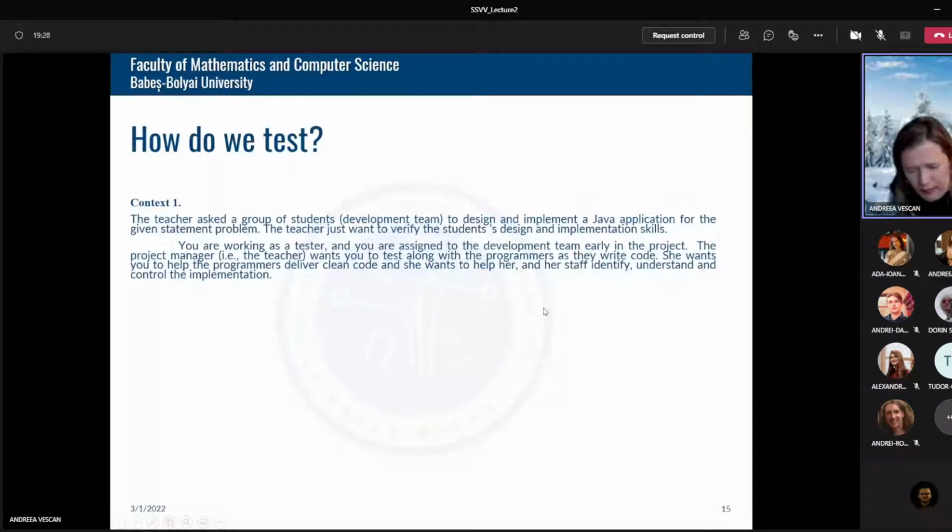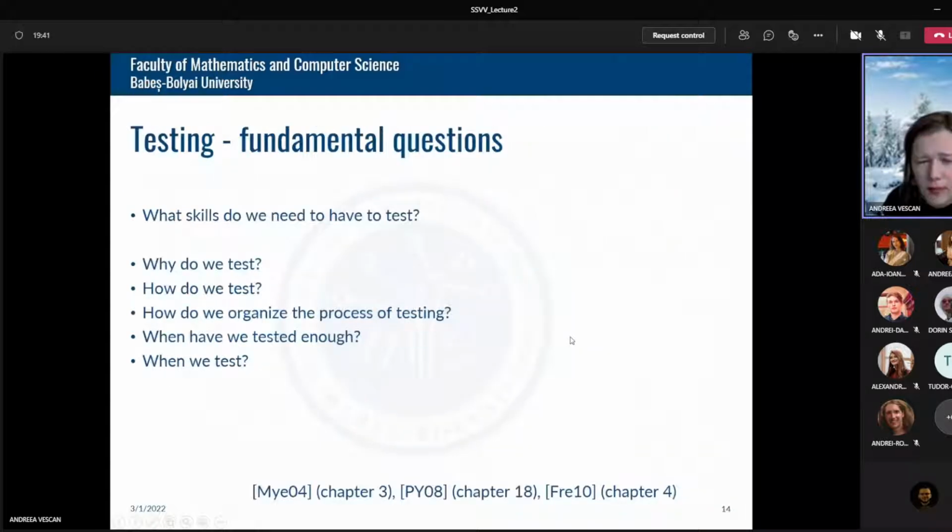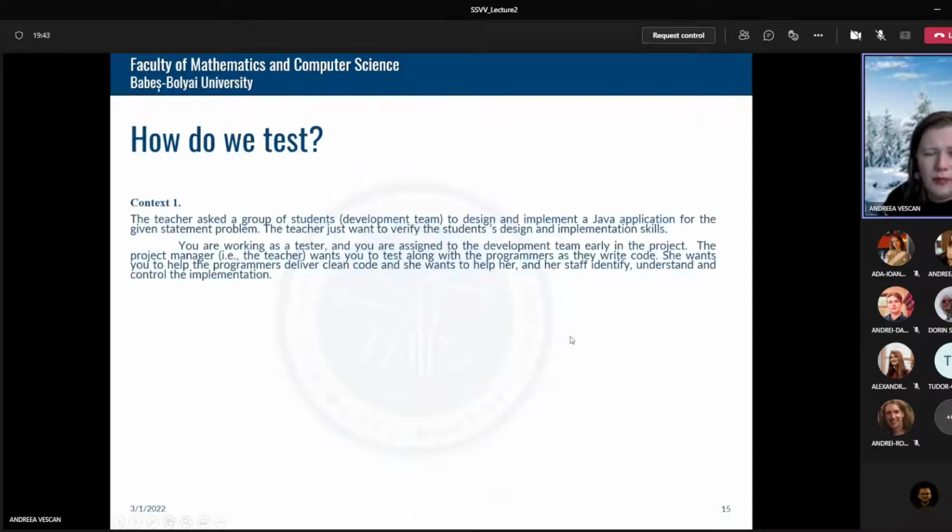This is the first one. I would like you to think about what is the aim, so what is the information objective that we talk about here, and which are the stakeholders, for whom do you test? Okay, so take a minute to read about it. So what are your information objectives of testing, and who is your stakeholder in this case?